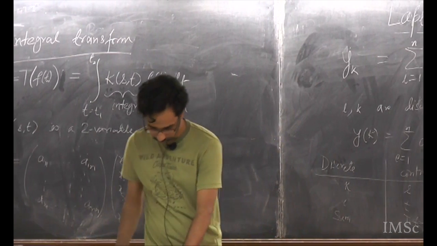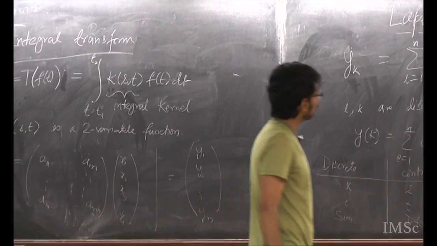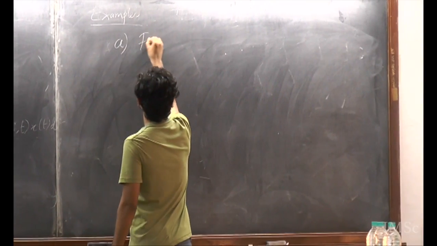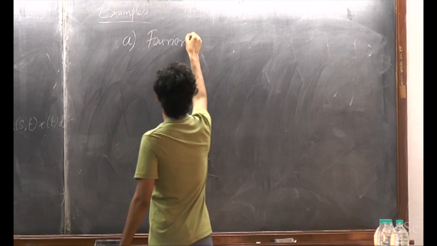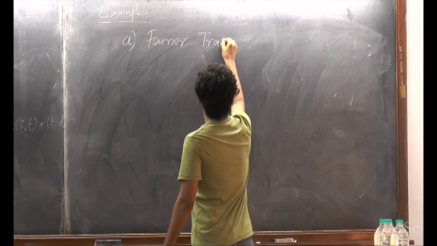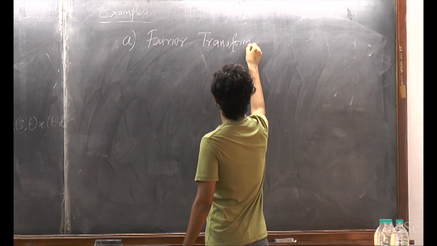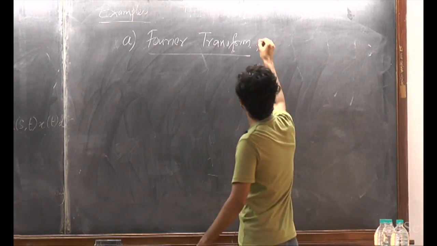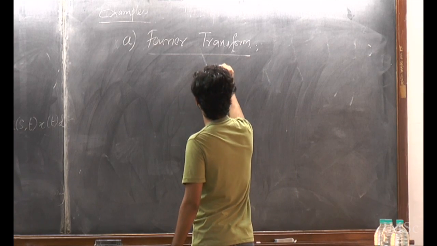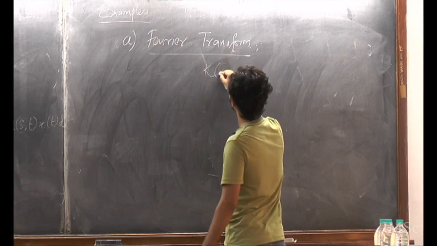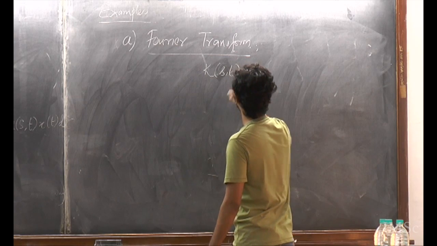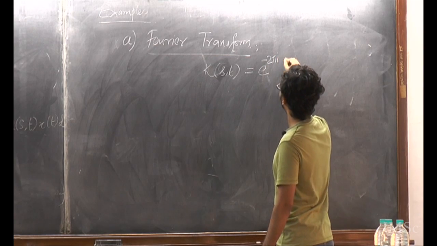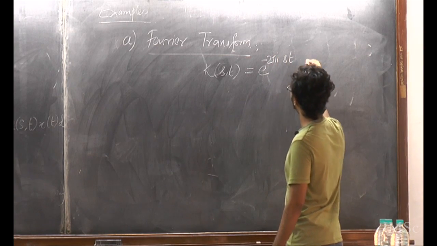So examples include Fourier, one of the most famous transforms, and for this K(s, t) is what? e to the minus 2 pi i s t.